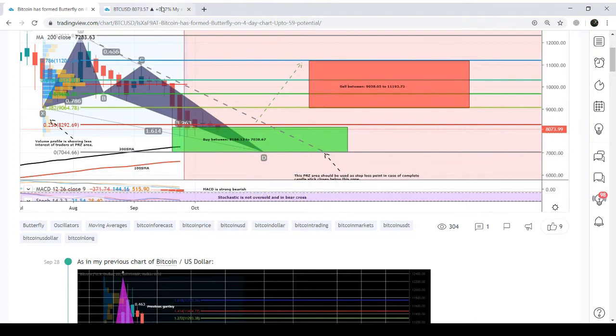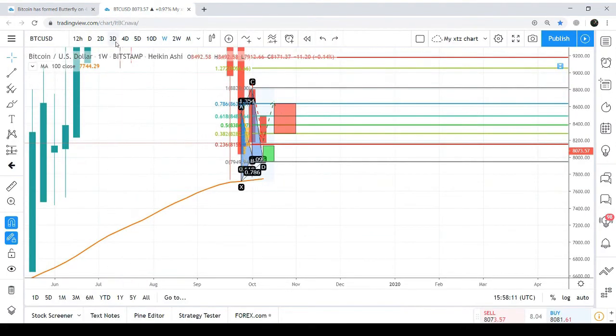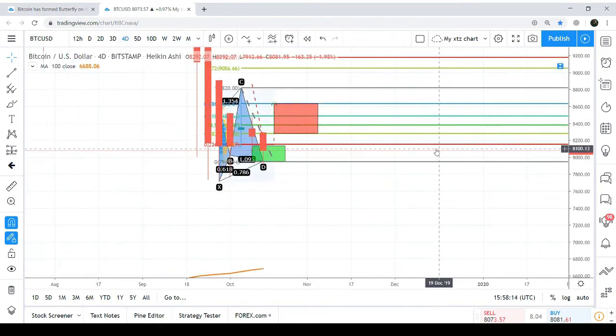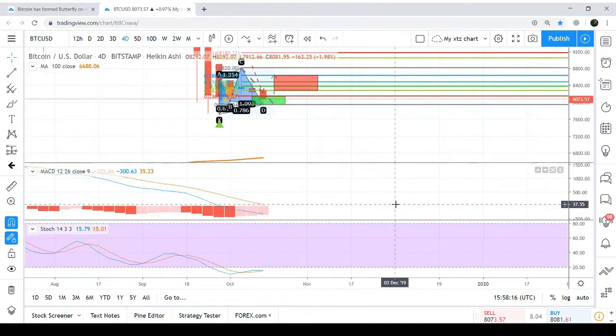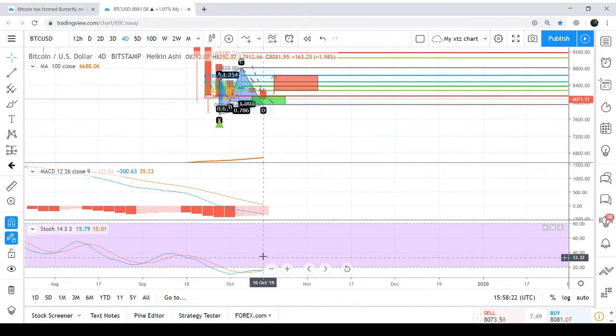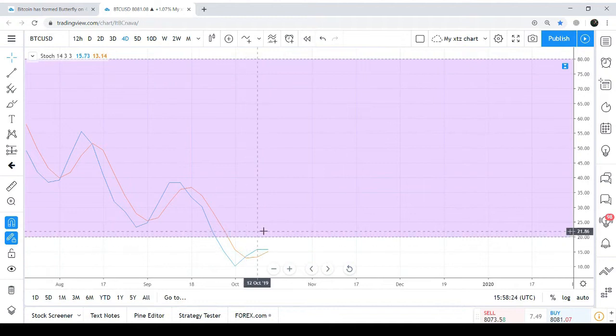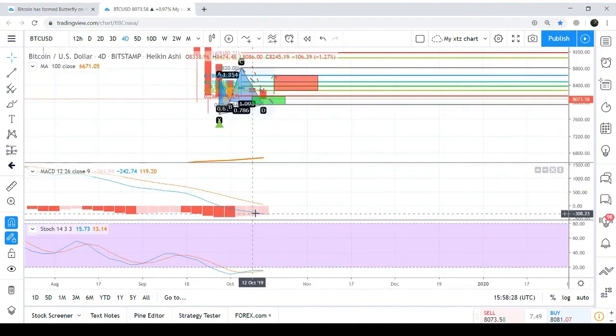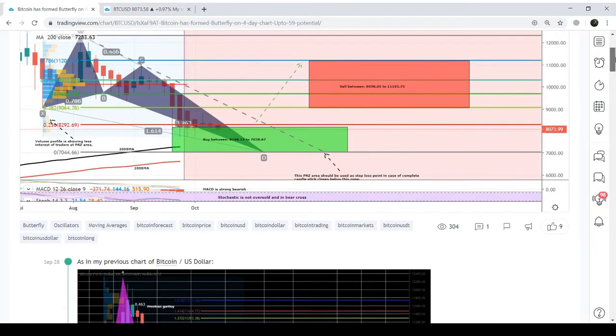But now, on this live 4-day chart, the MACD has turned weak bearish from strong bearish, and we have a bull cross from the stochastic. So we have these confirmations up to the 4-day chart that the price action can take the bullish divergence, and even this idea can be executed very soon.